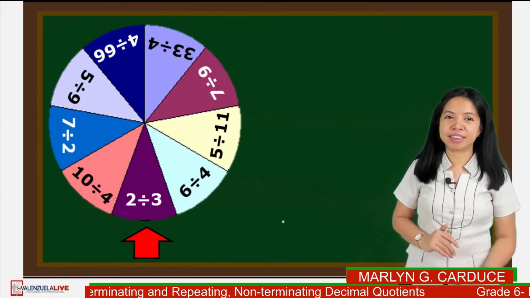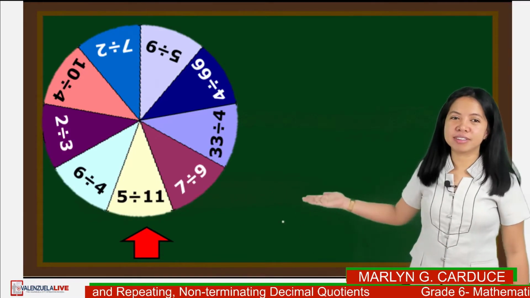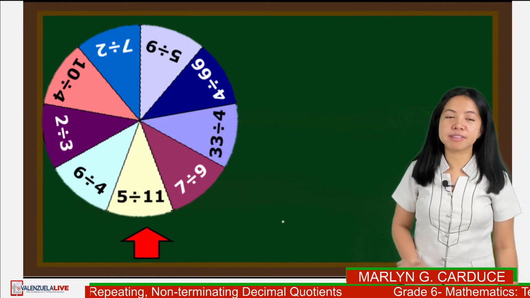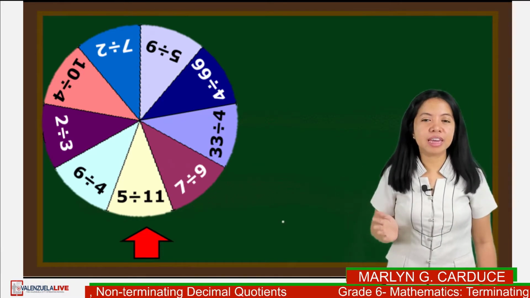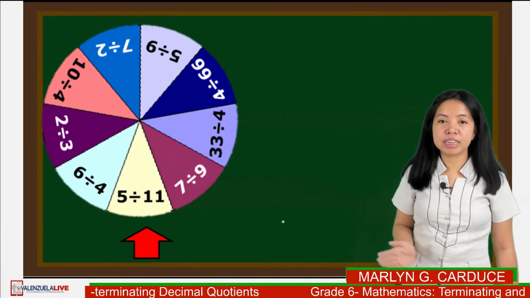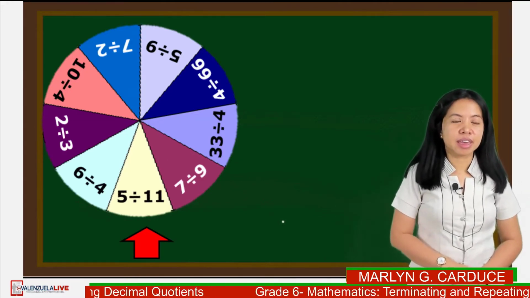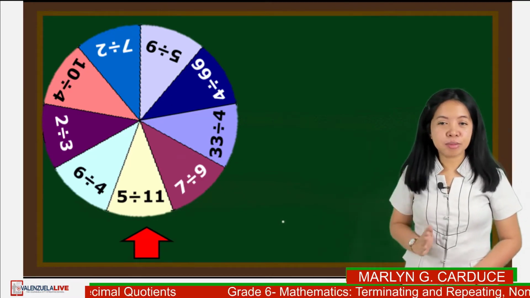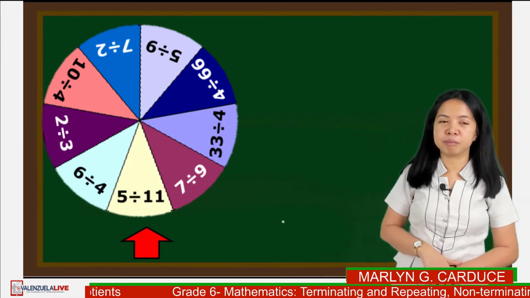Another spin. Okay, so the second division problem is 5 divided by 11. So what do you think will be the quotient when we divide 5 by 11? Is it a terminating decimal or repeating non-terminating decimal?